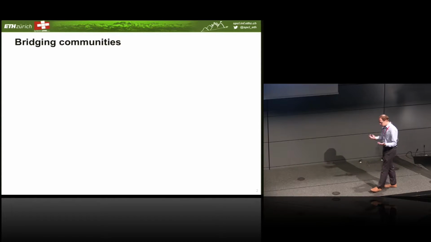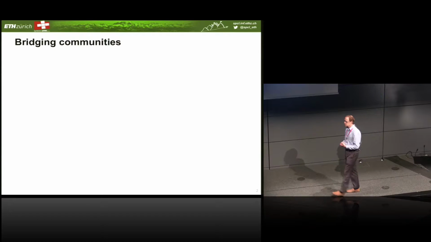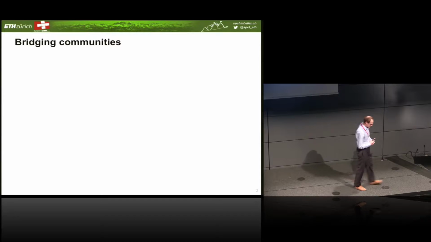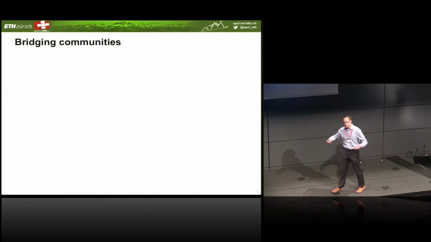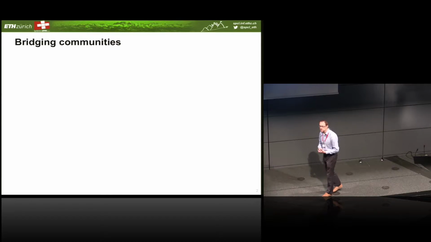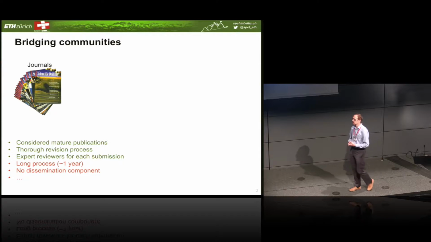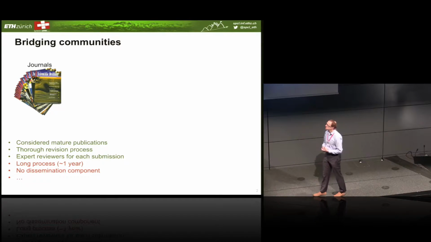One of the problems, or one of the facts that we have to mention is that we have different publication procedures in these fields, and this is a little bit tricky because now if you want to offer a single venue across all these different fields, what kind of publication scheme do you use? There's one scheme that is often used in the natural sciences and engineering sciences, which is the journal scheme.